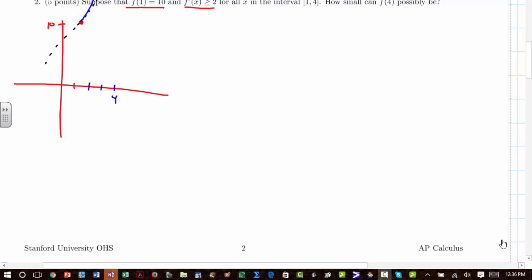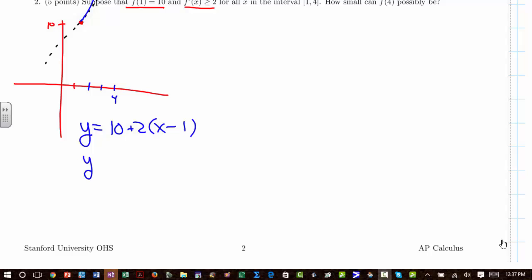So let's say I have this tangent line, or something that assumes to be the tangent line, 10 plus 2(x minus 1), and let's use that to say, well, what would happen at 4?